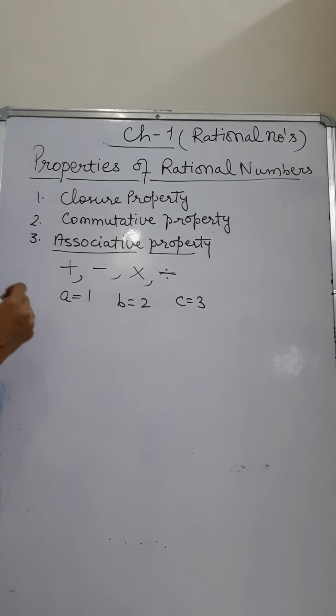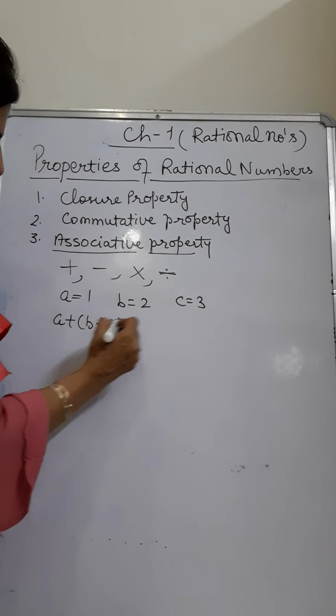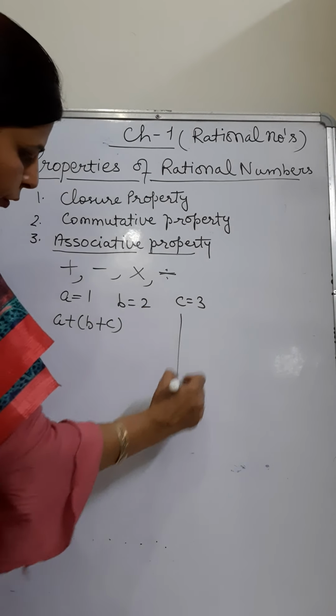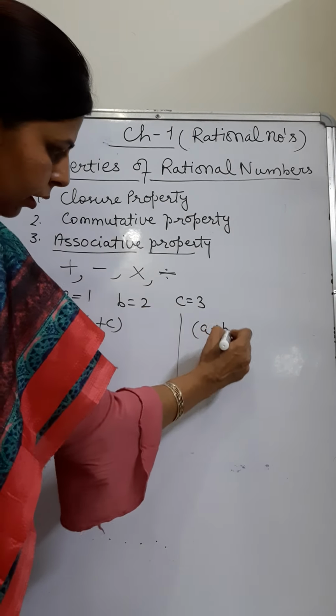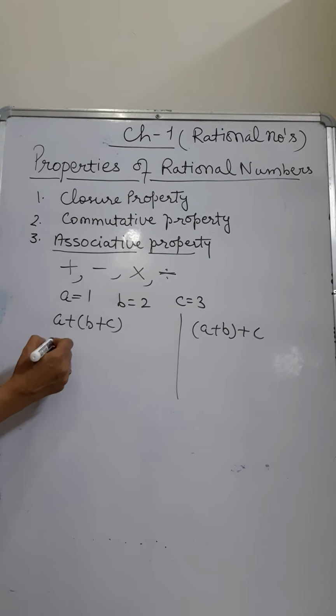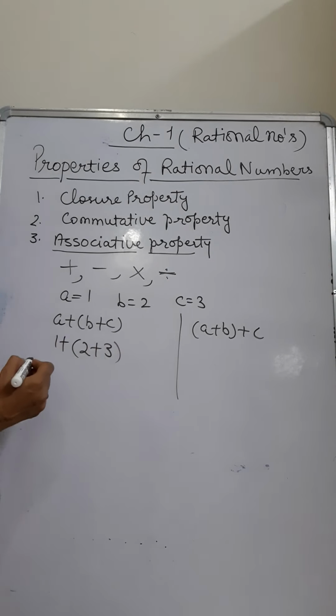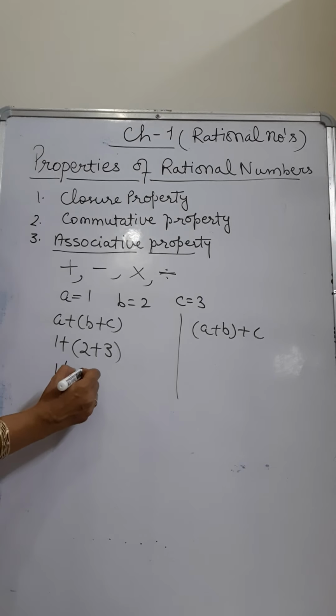What is associative property? For addition, we can add any three numbers in any order. Like I am changing the order now. Now see, by putting values of whole numbers, the result will be 6.